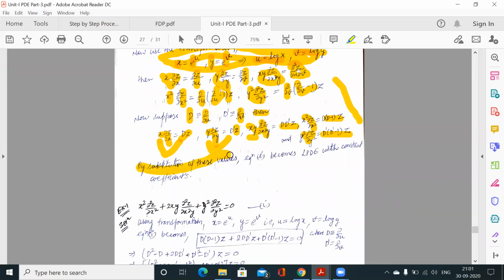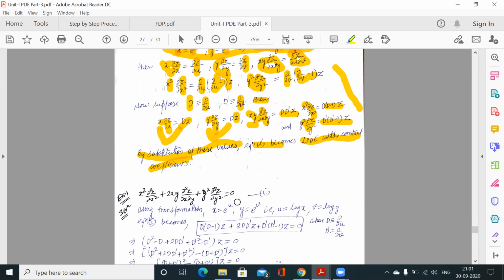So by substituting these values in the given LPDE, it now becomes an equation with constant coefficients, and we know how to solve a linear differential equation with constant coefficients. For that we have to calculate two terms, the complementary function and the particular integral.